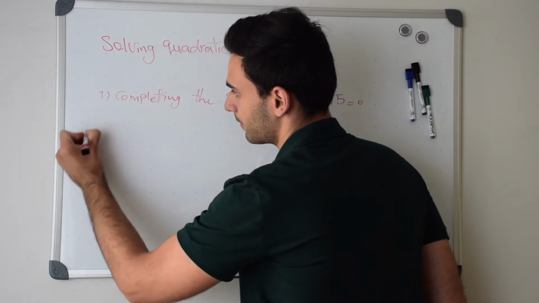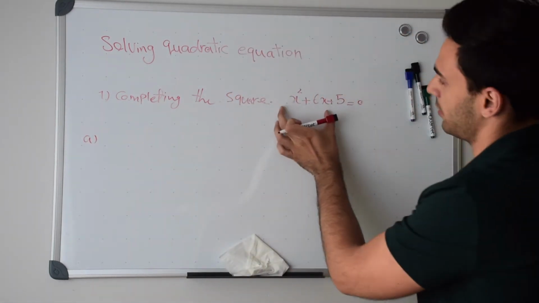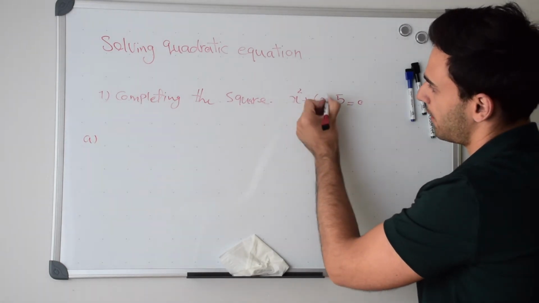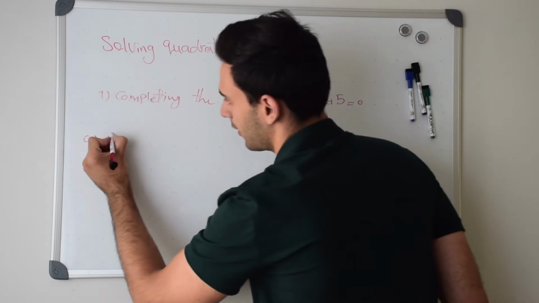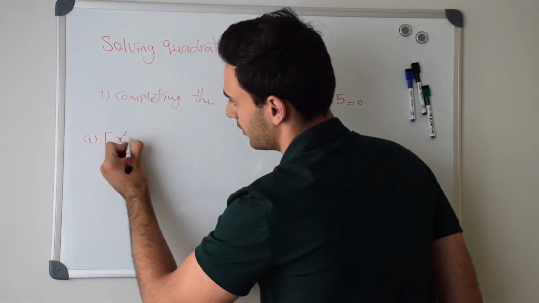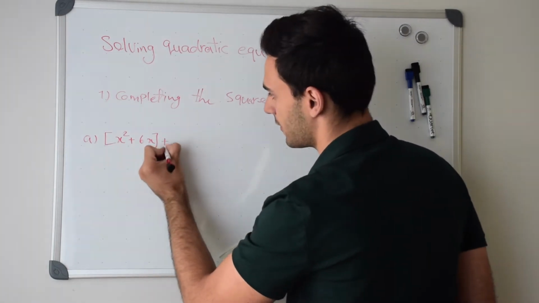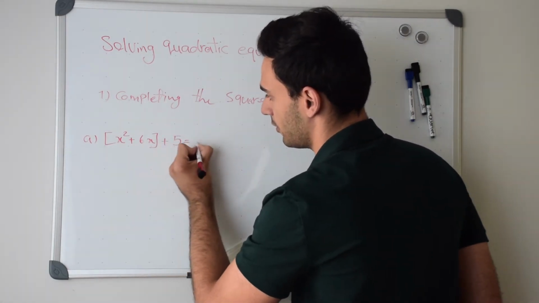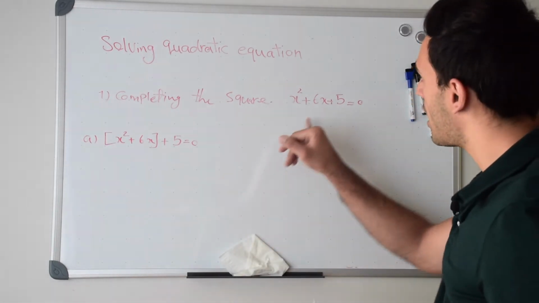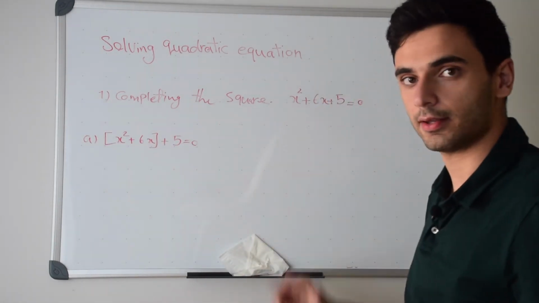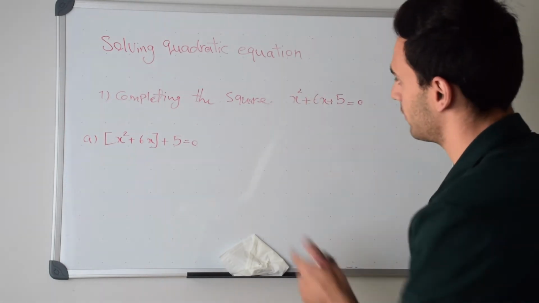First step. In the beginning, I'm gonna put in brackets the first two terms: x squared plus 6x, and then plus 5 equals 0. Now, pay attention. I can only do that if the coefficient of x squared is 1.